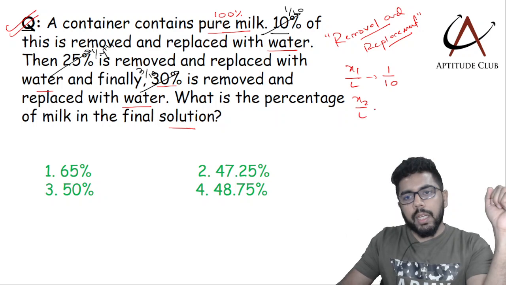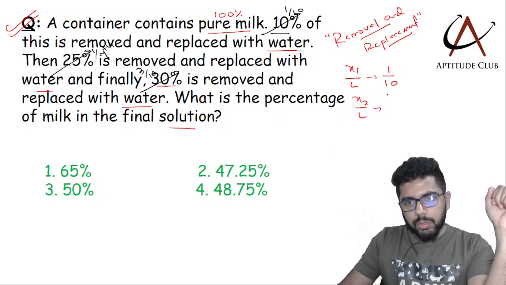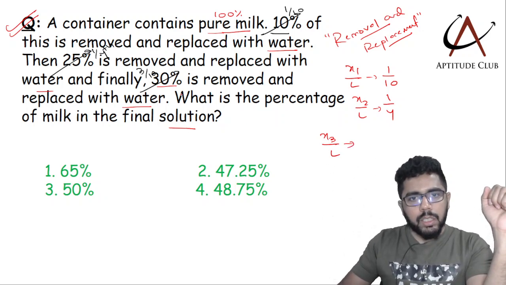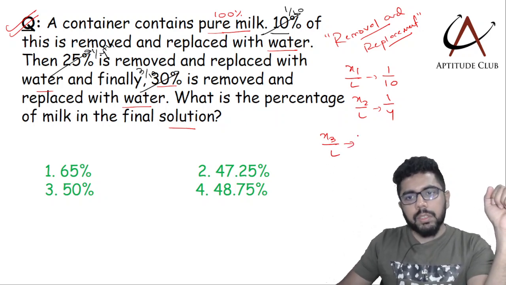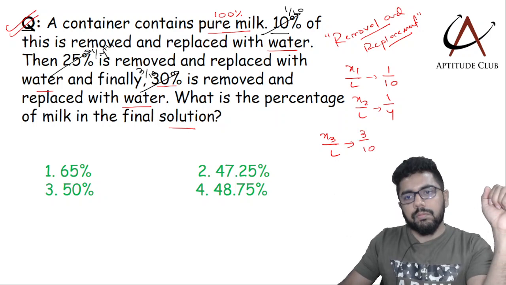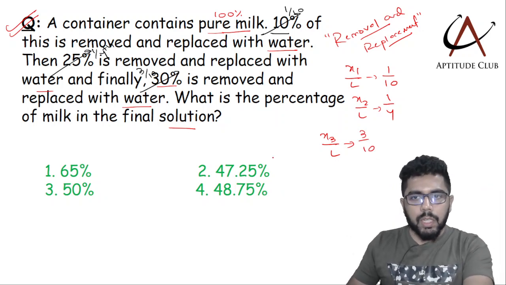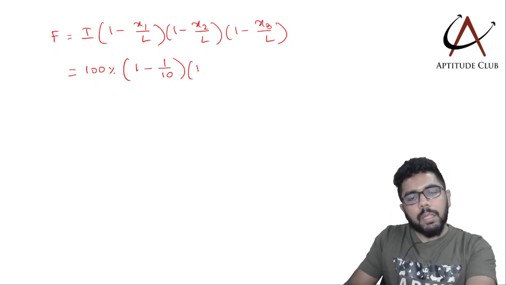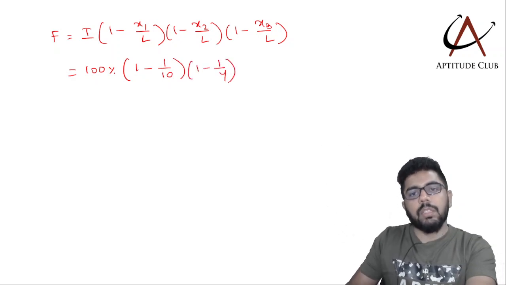Similarly, x2 by L is 25%, which is 1/4, and x3 by L is 30% removed and replaced, which means 3 by 10. So I can use these values and substitute here. First 1 by 10, second time I am removing and replacing 1/4, and third time 30%.